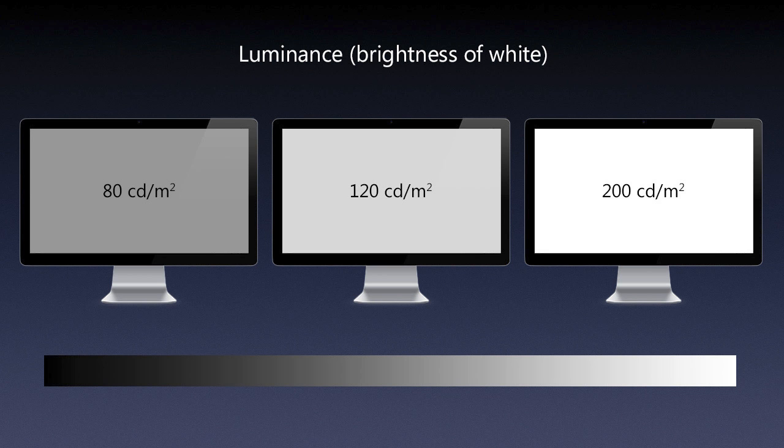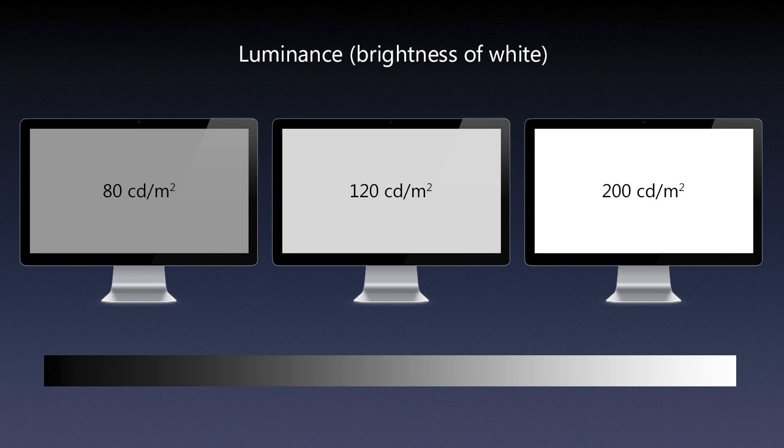Now I would say 120 seems to be the optimal one in most cases, unless you're comparing it to a certain print. We'll talk about that later. But 120 candelas per meter square seems to be more or less the standard these days for web and also for other monitors and so on.